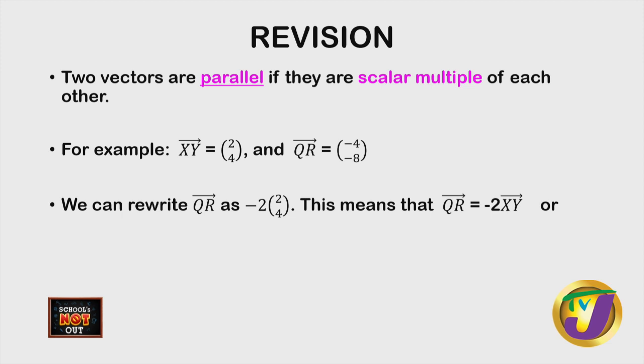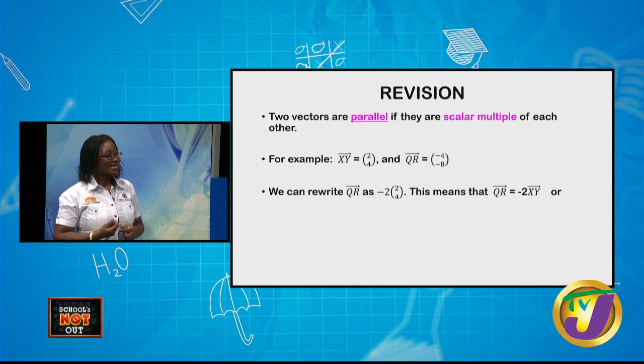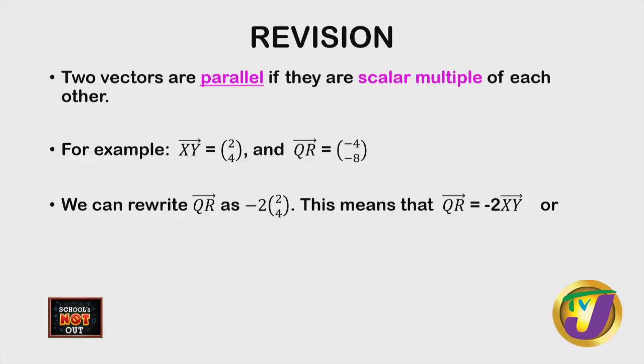No problem. We can rewrite vector QR as -2, which now is a scalar that we're using, and the vector 2, 4. So we're seeing here that it's actually twice the magnitude, and we spoke about this last class. So this means that vector QR is equal to -2 vector XY.